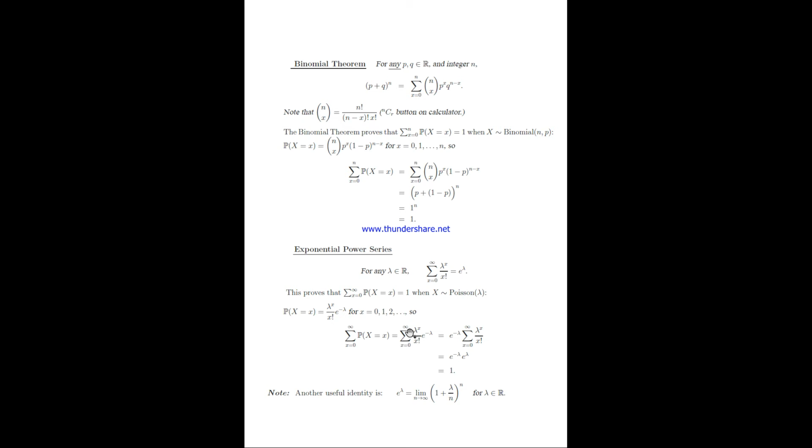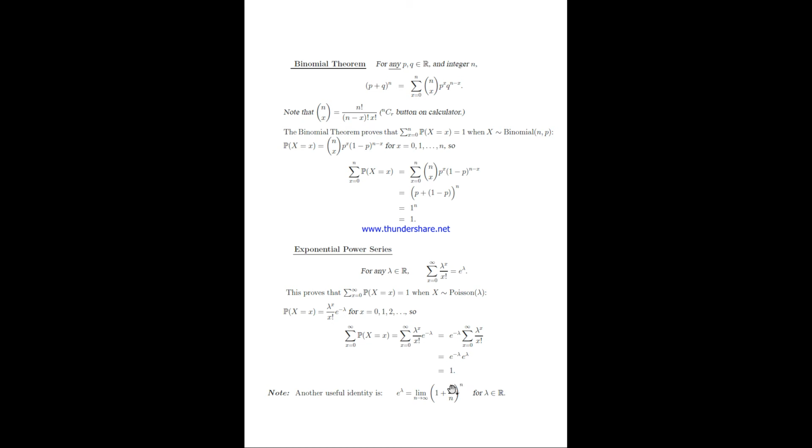Now you can see when you take this summation, you don't have summation for lambda. So you can take e to power minus lambda out. So you have summation x goes from 0 to infinity, lambda to power x divided by factorial x. Now you can replace this by the common summation, that is e to power lambda. So you have e to power minus lambda into e to power lambda, that is equal to 1.